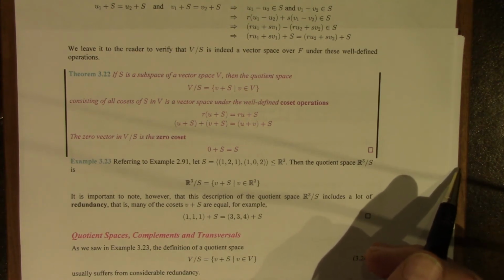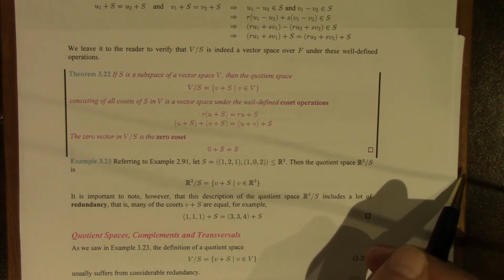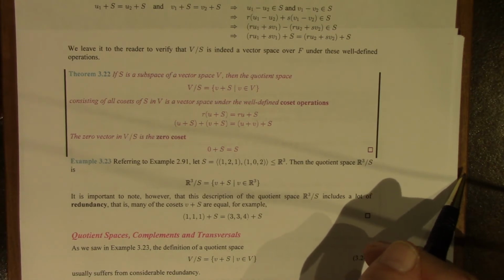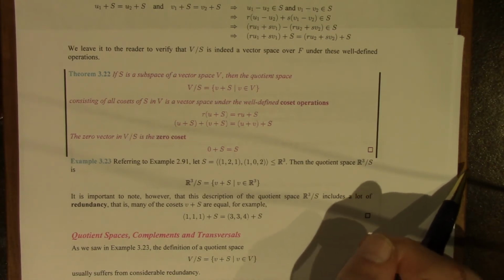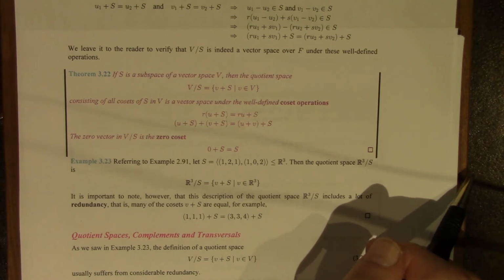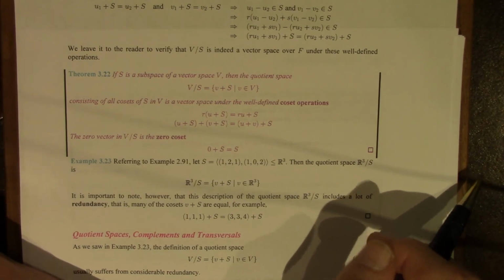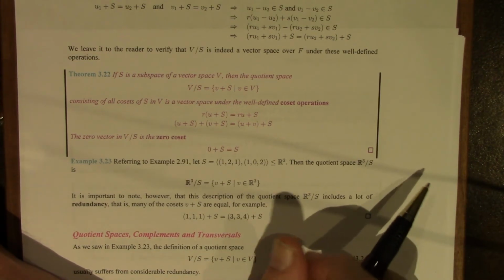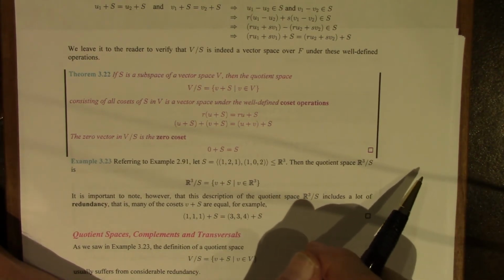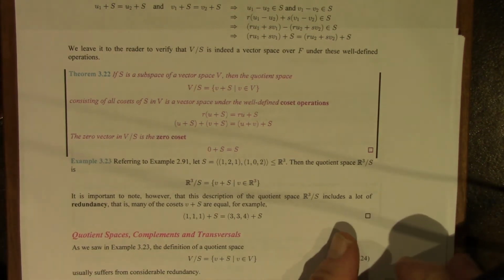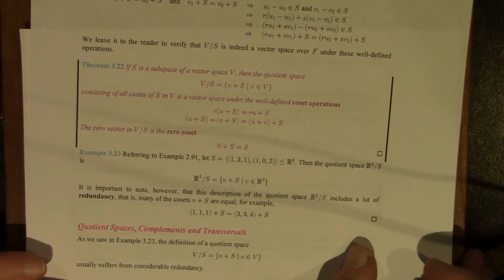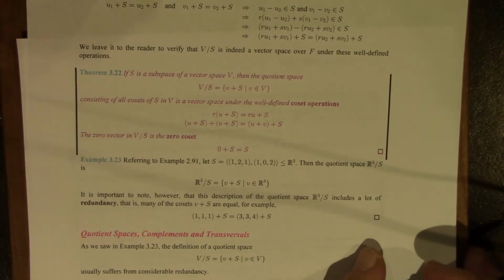That coset addition is associative, and that's going to follow from the fact that the addition in the original vector space V is associative. That there's a zero vector in V mod S, and so on. You have to check the definition of a vector space, and I'm going to let you do that.